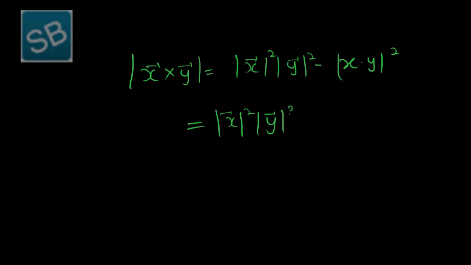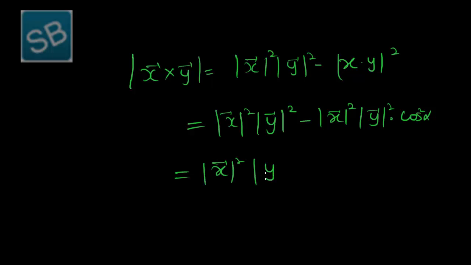As we did in the first part, using this we get modulus x dot y whole square is equal to modulus x whole square modulus y whole square into cos square alpha. So we will take common modulus x square modulus y square, 1 minus cos square alpha.